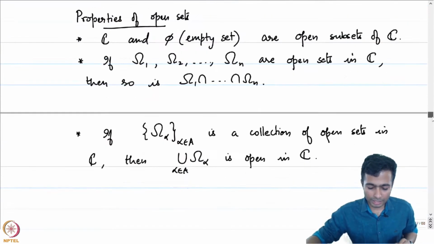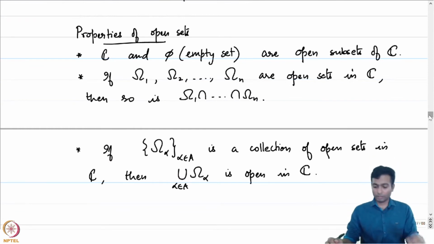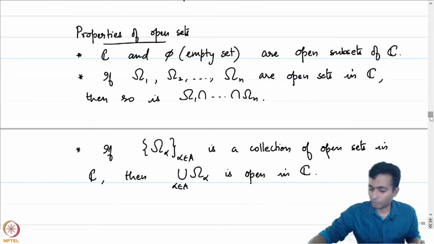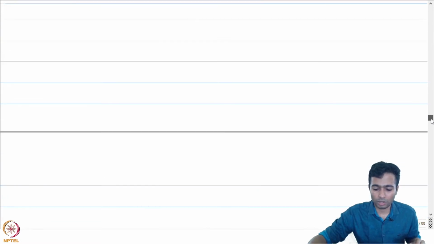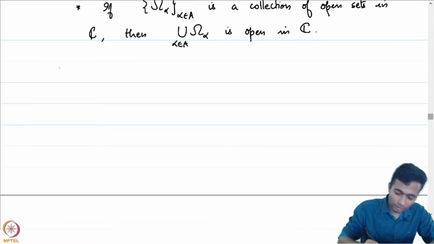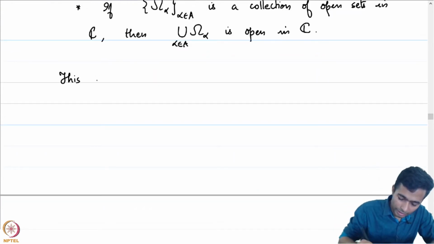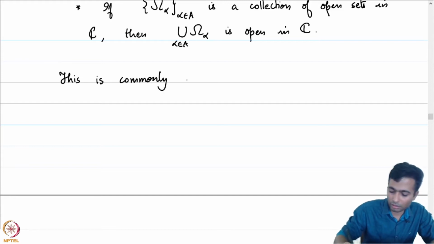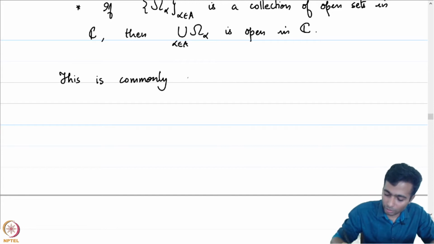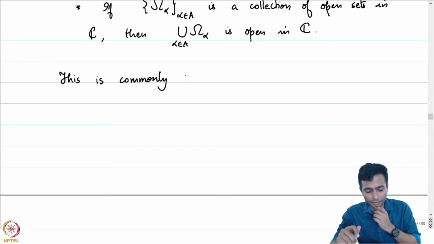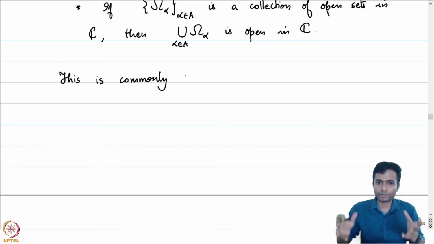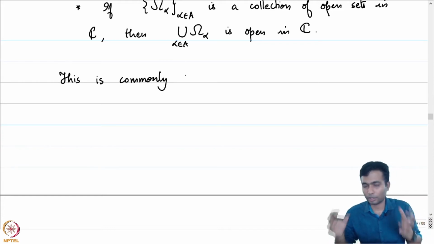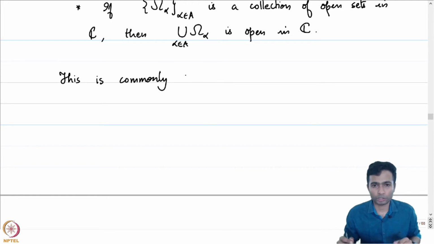Because it satisfies these conditions, we commonly say that this forms a topology on the complex plane. These conditions are what make the collection of open sets in the complex plane a topology on the complex plane.